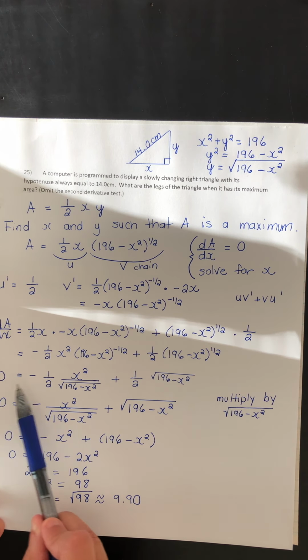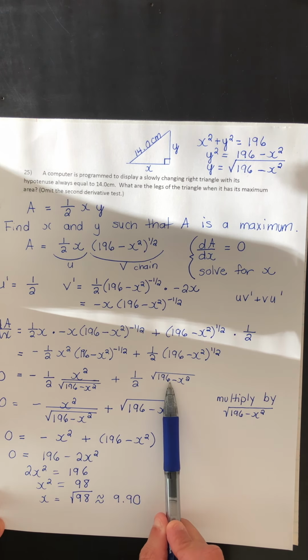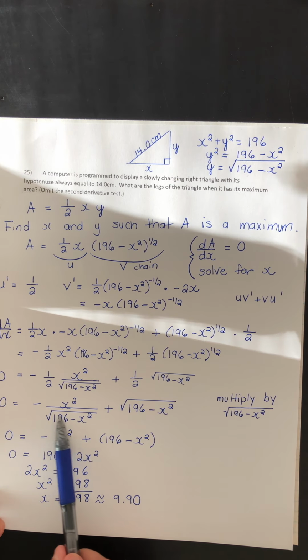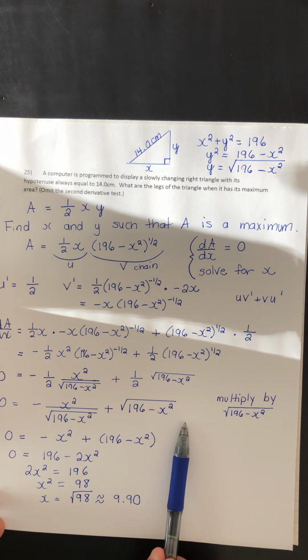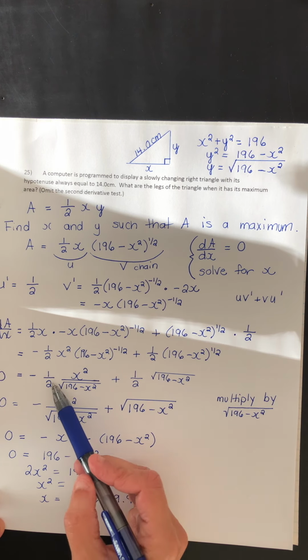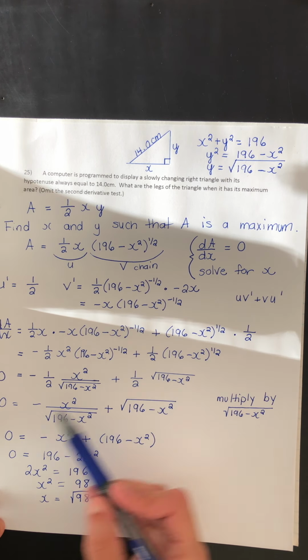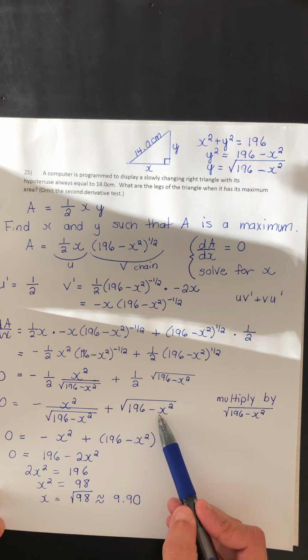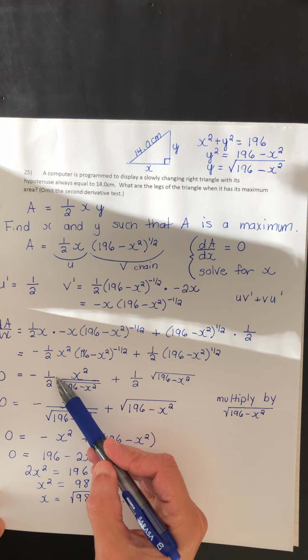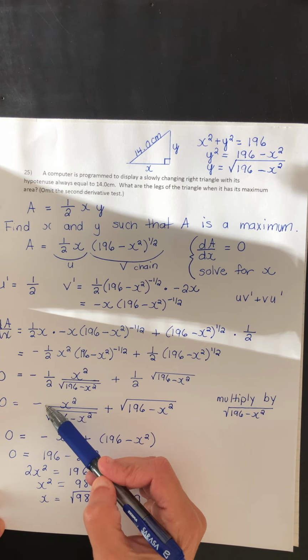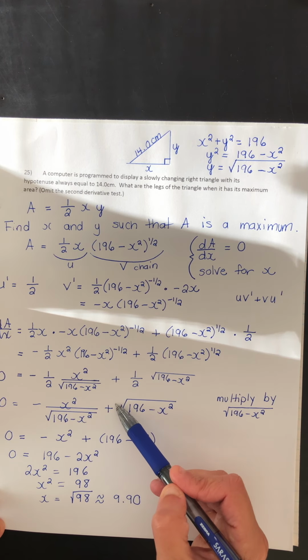Then I multiplied all of these equations by 2, and that gave me this form. And I did that, of course, to get rid of the denominator of 2. Okay, so you can see that that was what happened. That then made this coefficient -1 and this coefficient 1.